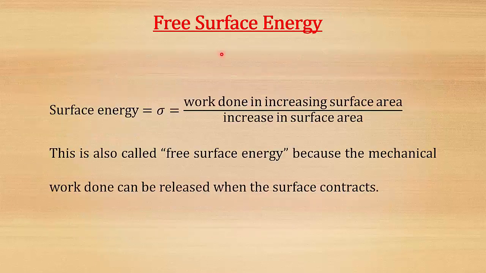Then what is surface energy or free surface energy? Sigma equal to work done in increasing surface area divided by increase in surface area. Work done in increasing surface area divided by increase in surface area, that gives free surface energy, because the mechanical work done can be released when the surface contracts.